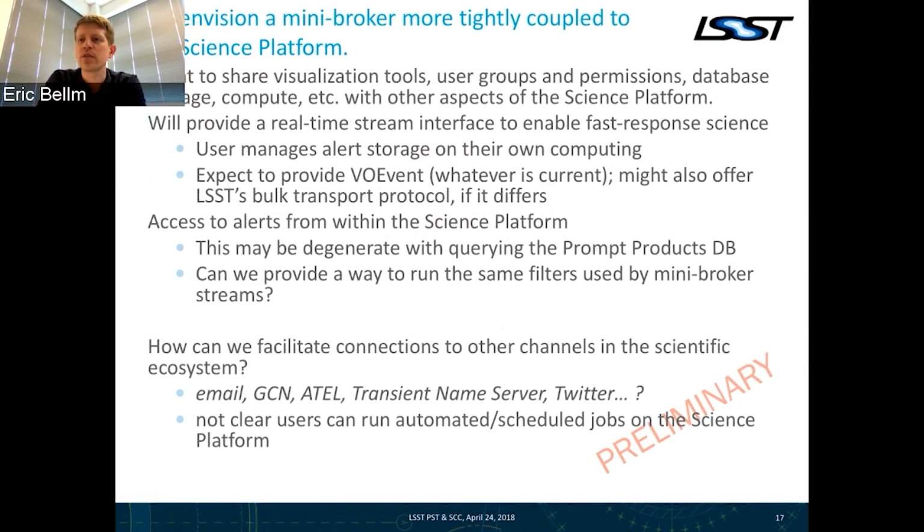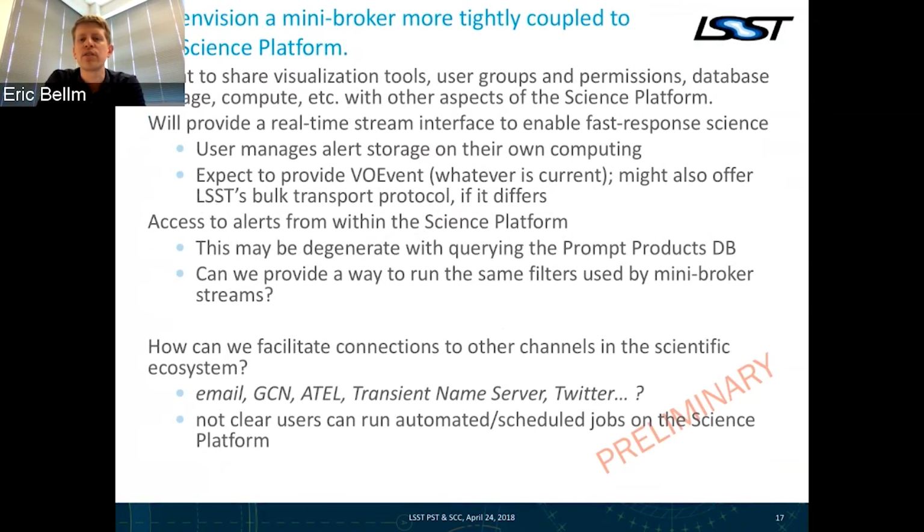I think unlike the full stream, where we have an argument that we need to do a bulk transport system that meets our needs, here I think it's clear that we should provide whatever the current edition of VO event is, because the LSST project is adopting a VO first policy, and here the alert volumes are not high.